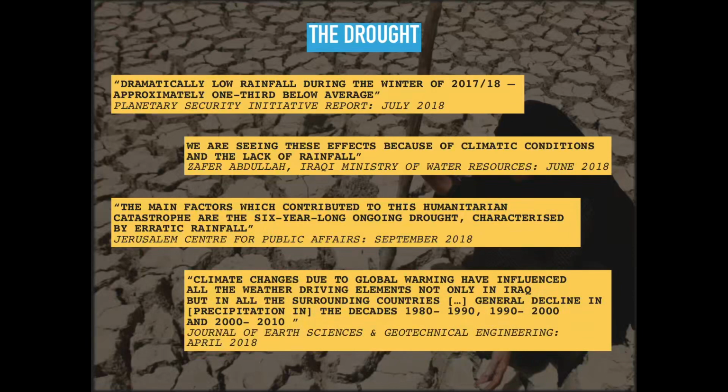And then finally, a scientific source from the Journal of Earth Science is talking about how climate changes due to global warming have influenced the weather there and have caused a general decline in precipitation, not just in the last few years, but indeed the last few decades. So this is a long-term trend which reached an acute point over the winter of 2018 that reduced the water levels and then caused this crisis.